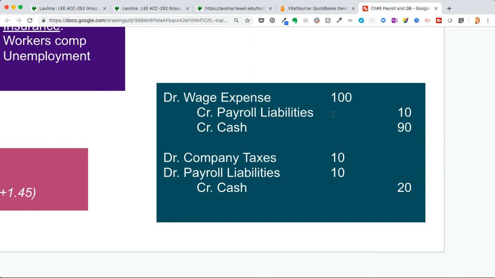So first, let's say that we pay someone $10 an hour for 10 hours. We're going to debit wage expense for $100, right? And then we're going to calculate their payroll liabilities.